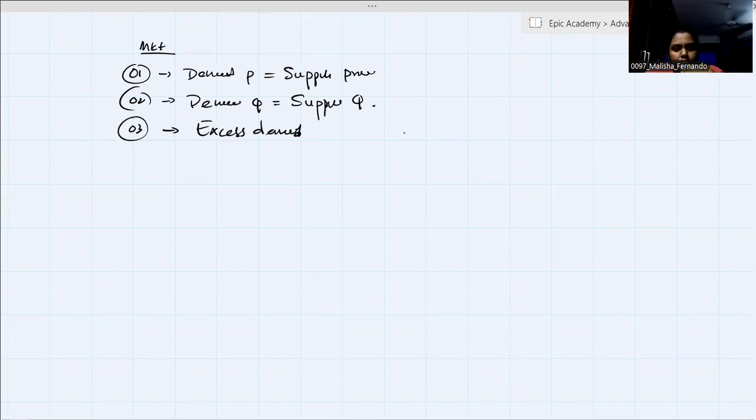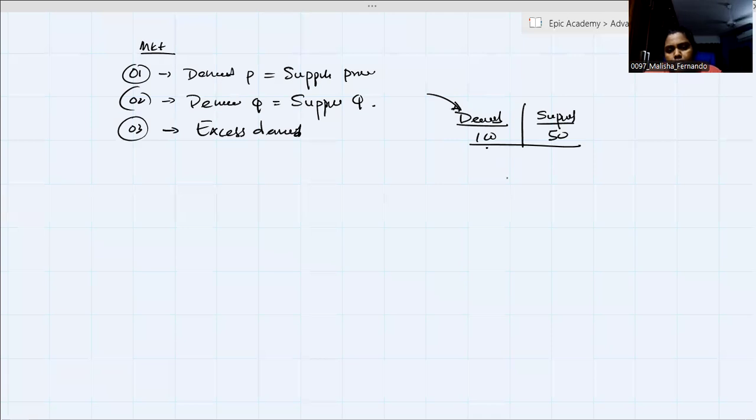Do you have any idea about excess demand? Excess demand means, just consider the demand quantity is 100. Okay, at that point, the market supplies only 50 commodities. Consumers try to purchase 100 commodities, but the market supplies only 50.